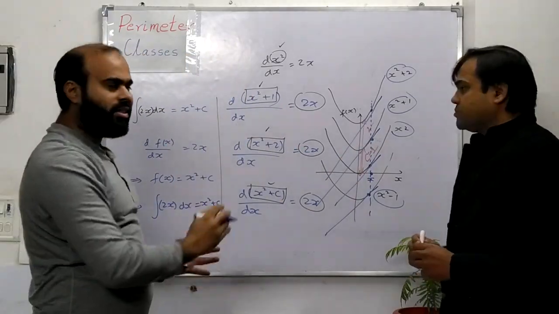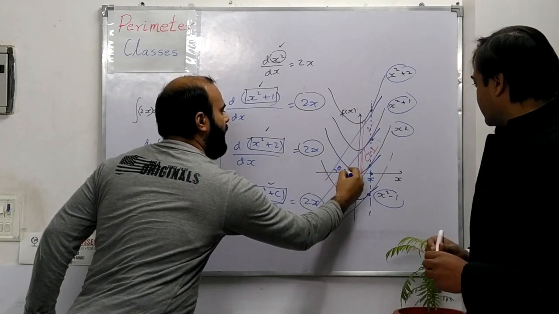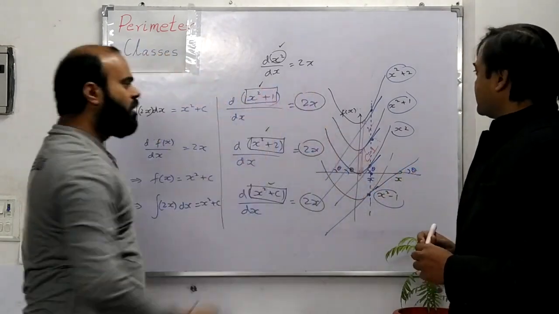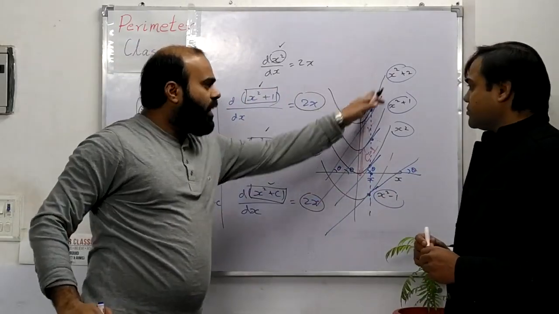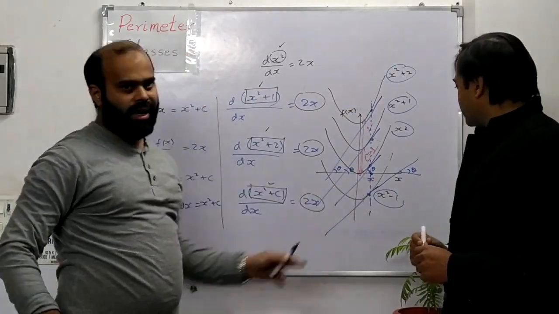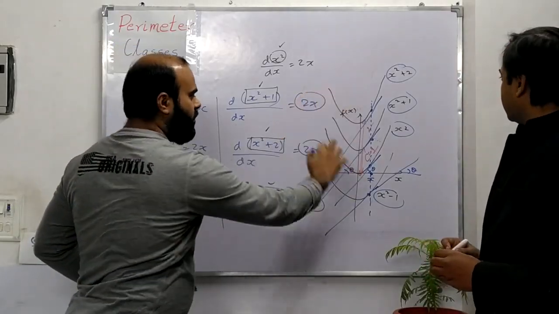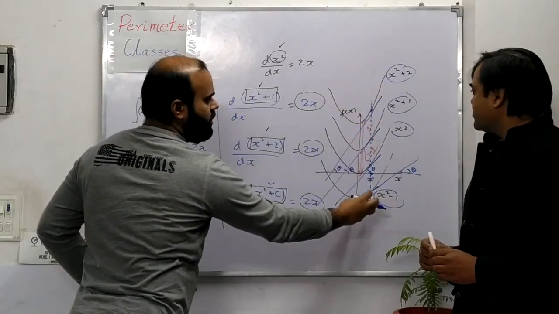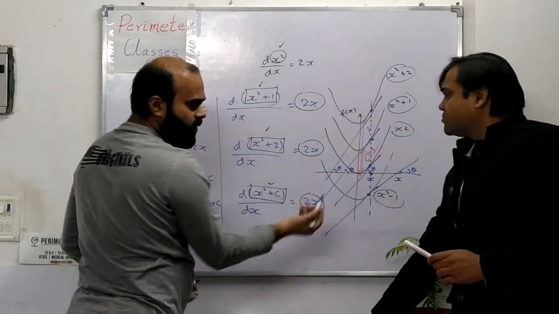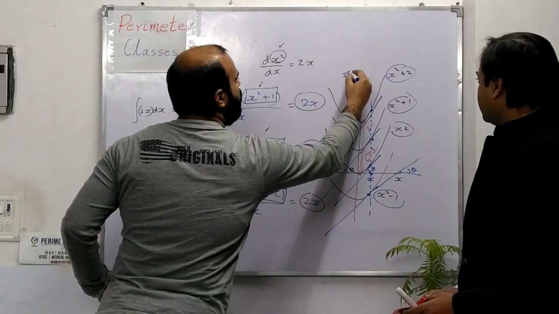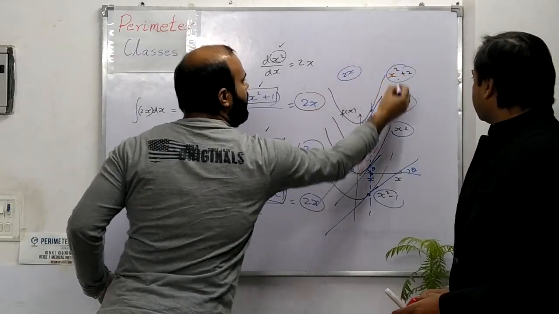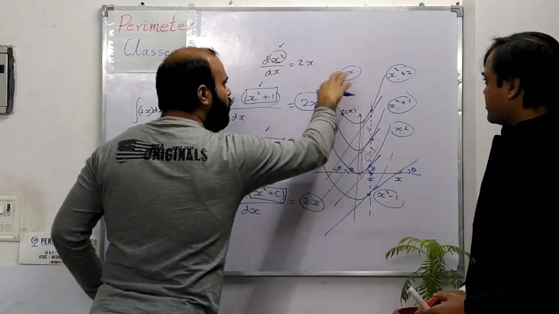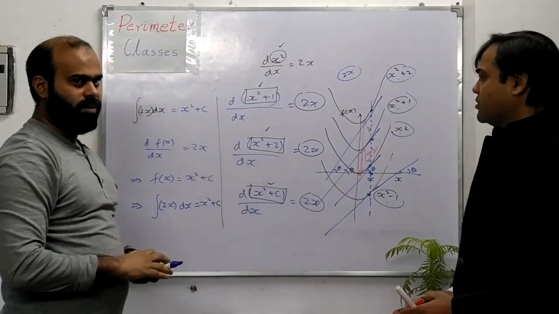That means the slope is the same. This line is making theta angle, and this is also making theta angle. So the derivative of any of these curves at the point x is the same, which is actually 2x. If you differentiate this, this, this, everything is 2x. So the integral of 2x is any of these functions.